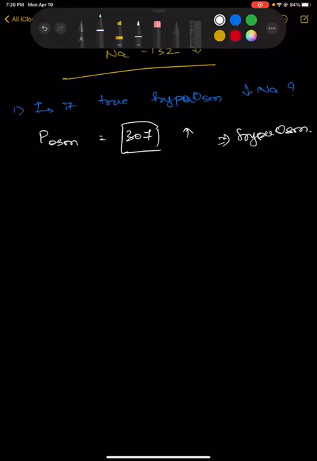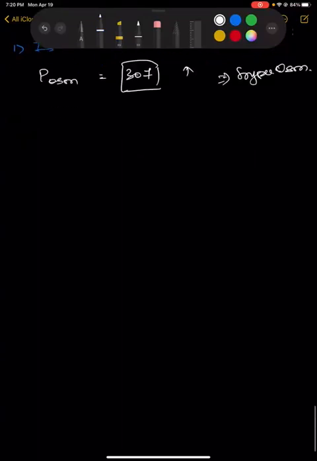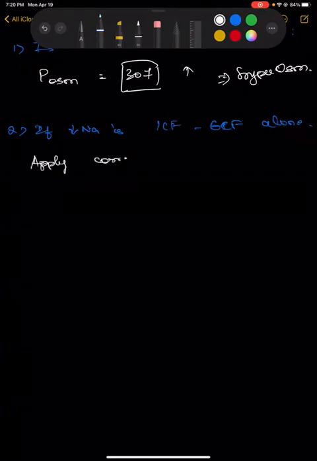But we still don't know if it is because of the glucose per se or something else. So the next step would be to find out if the hyponatremia is due to dilution from the shift of ICF to ECF alone. For this, we need to apply the correction factor. And what is the correction factor?